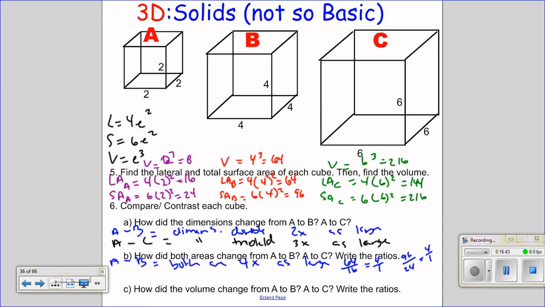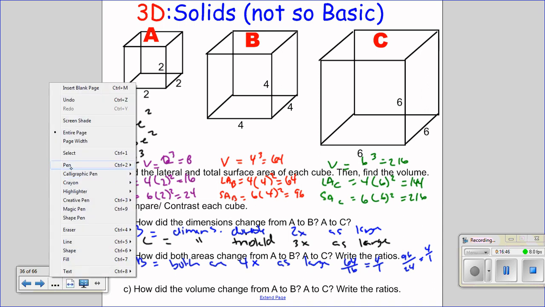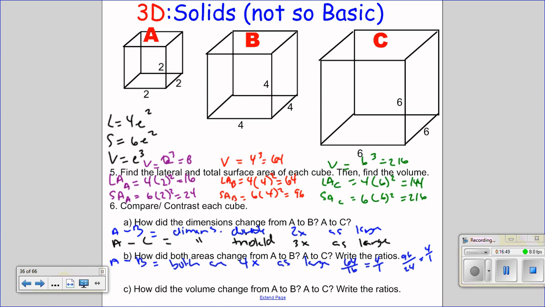Okay. And from A to C, I'm going to guess it's going to be 9 times as large, but we're going to verify that in a moment. Let's find the ratio first. That would be helpful. So we went from 16 to 144. If I take 144 and put it over 16, divide it out, it is 9.